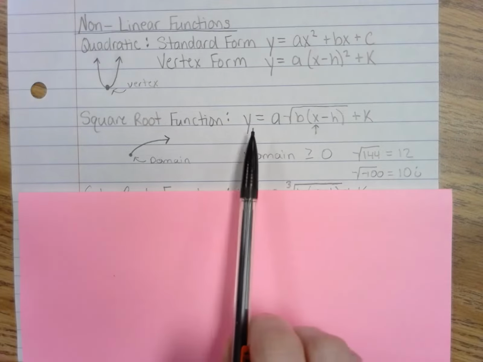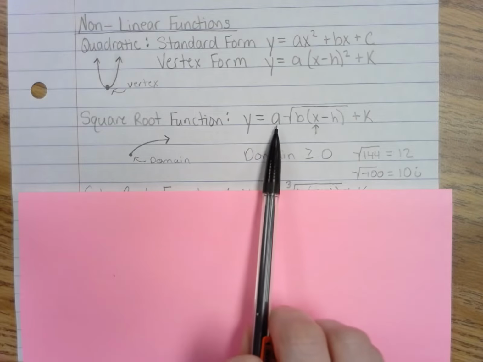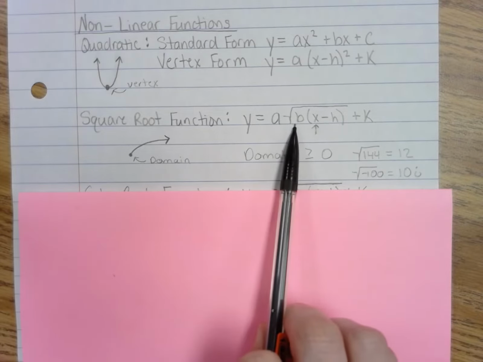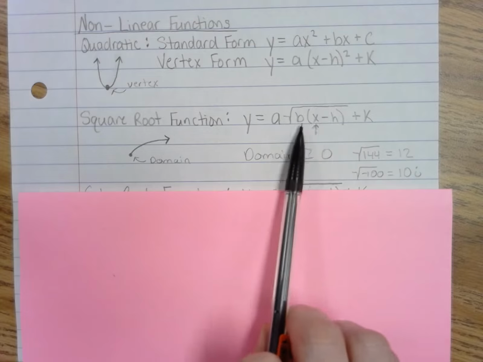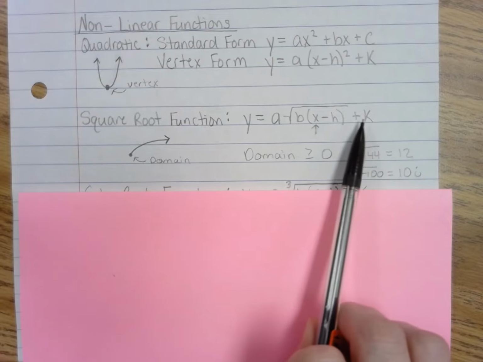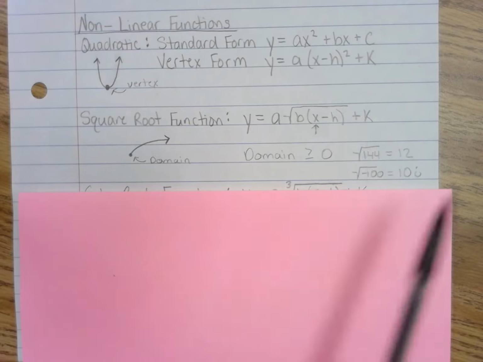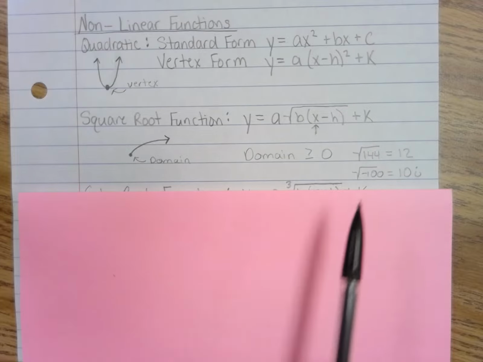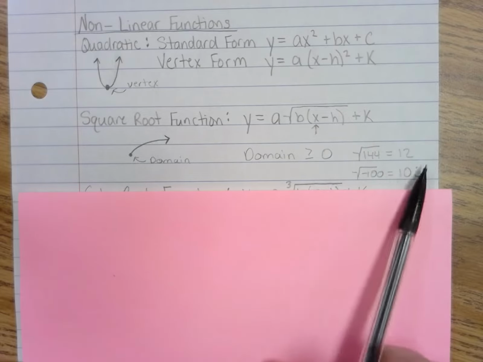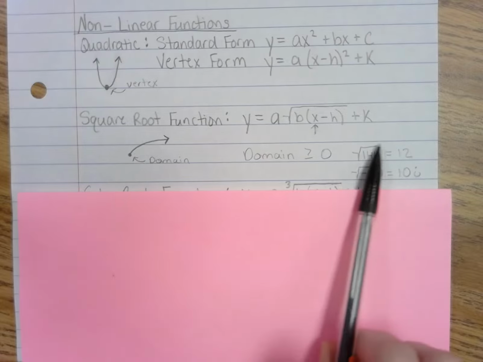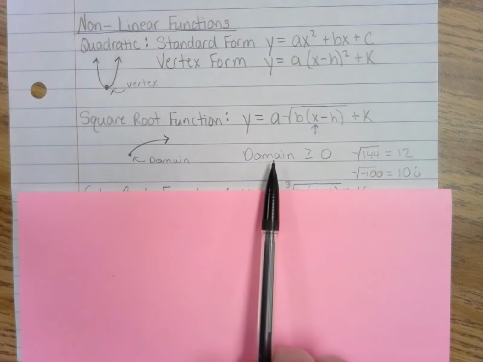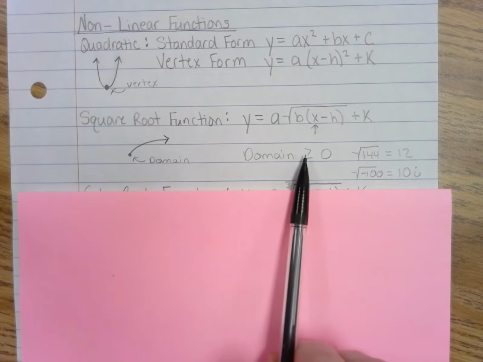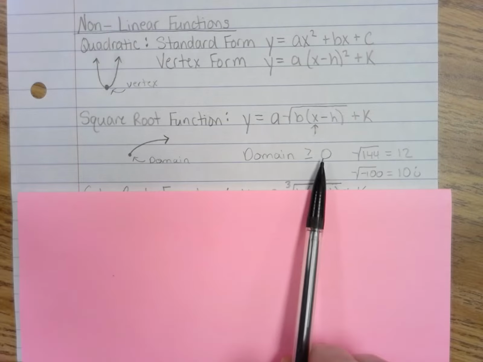So our square root functions are y equals a times the square root of b, in parentheses with x minus h, and then the plus k is on the outside of our radical. Because of these real and imaginary solutions that are possible when working with square root functions, we will restrict our domain to be greater than or equal to 0.